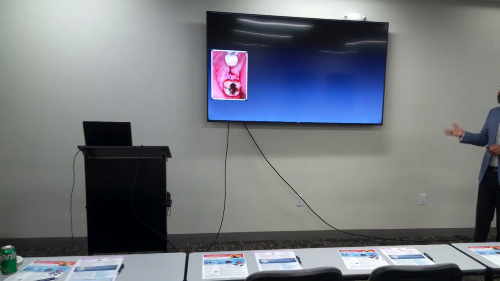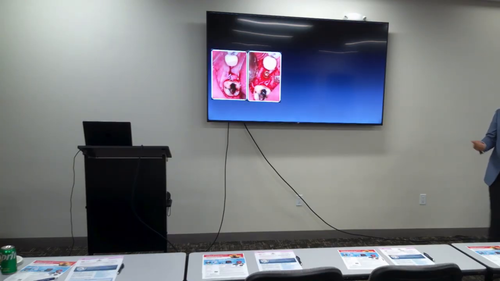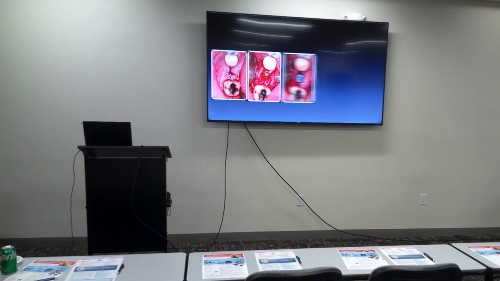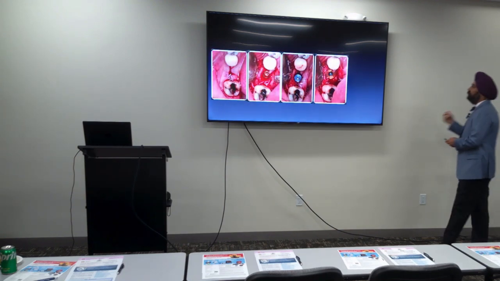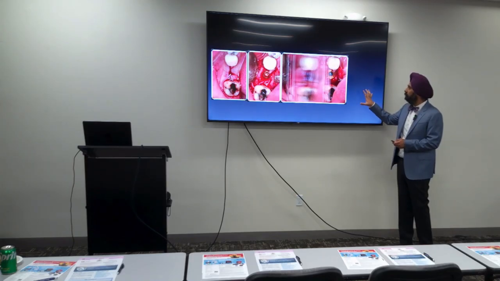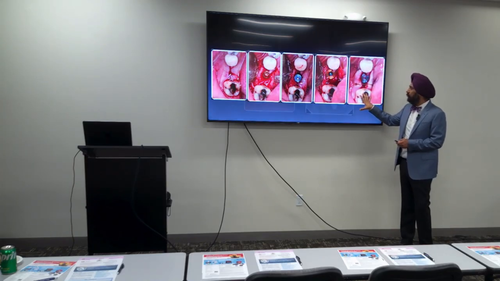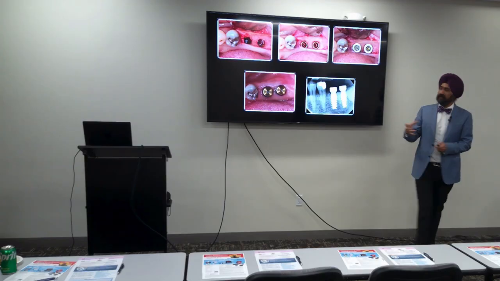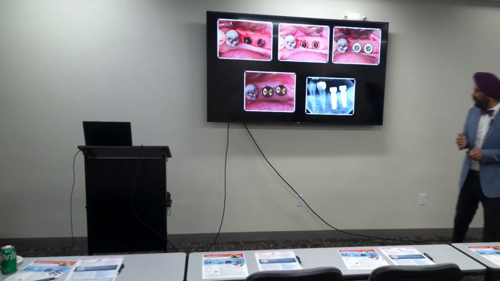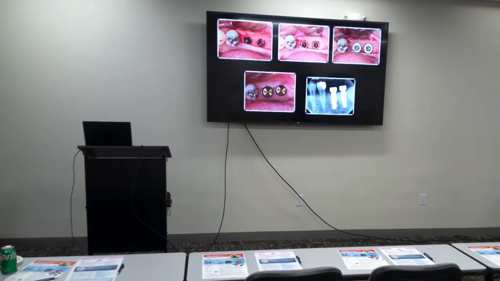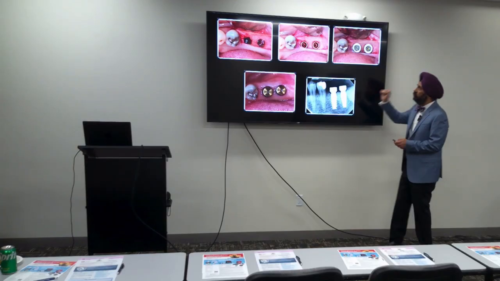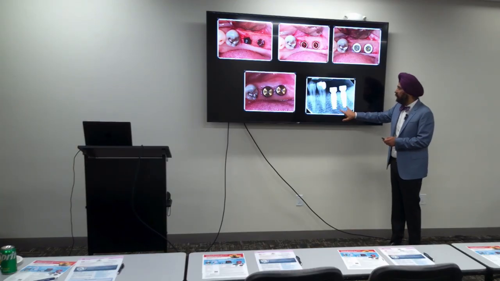So this is the flap, this is placement of the implant, followed by bone profiling. We use a burr called On1. There's another case using an X-Guide, placing 18 and 19. My pictures have to be flipped, sorry. 18 and 19, implants placed. No physical guide used, X-Guide, 18, 19 done.